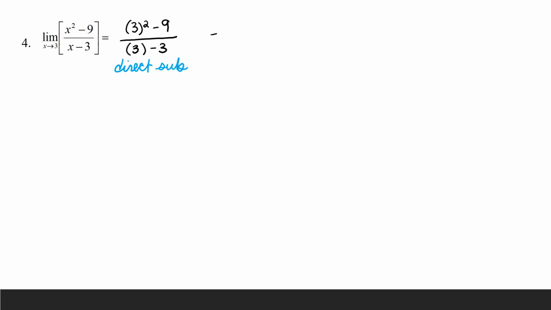Then we want to simplify this. So 3 squared is 9, and 9 minus 9 is 0, and 3 minus 3 is also 0. This is one of our indeterminate forms, which means that we must do more work.